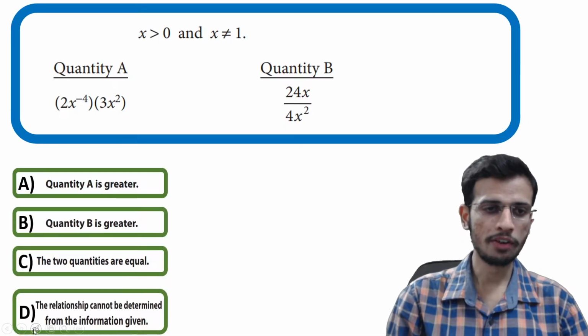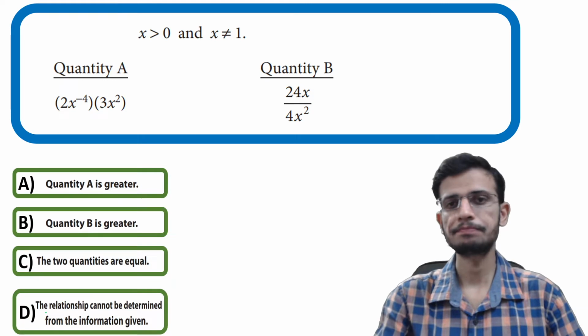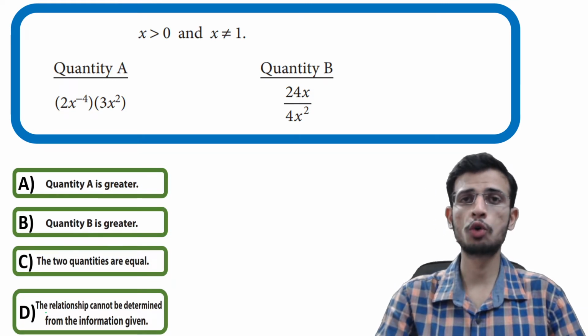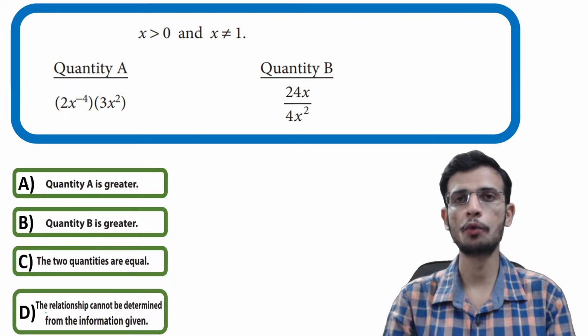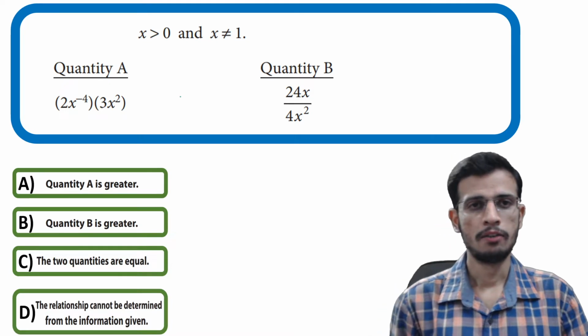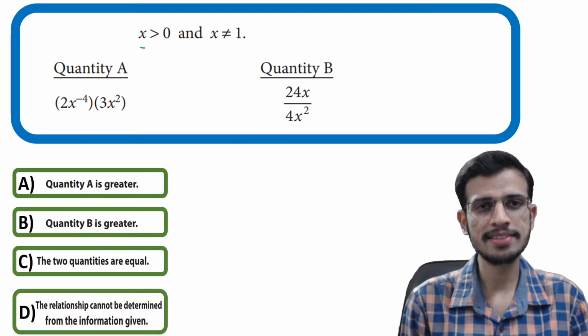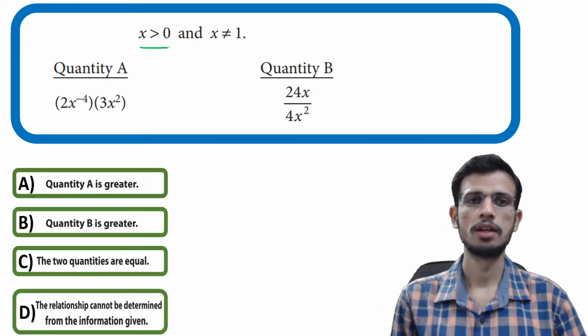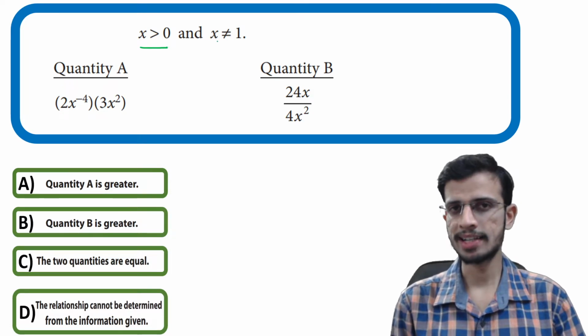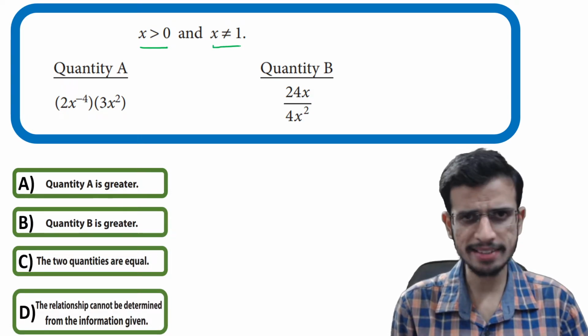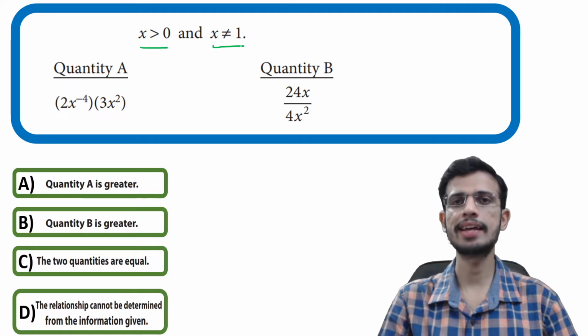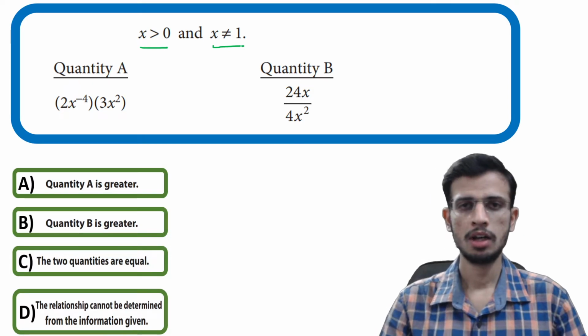So here is our very first question on screen, and it is of quantitative comparison type. We are given that x is greater than 0 and x is not equal to 1. We can't take x equal to 1.